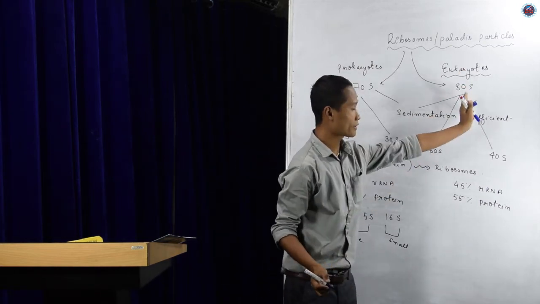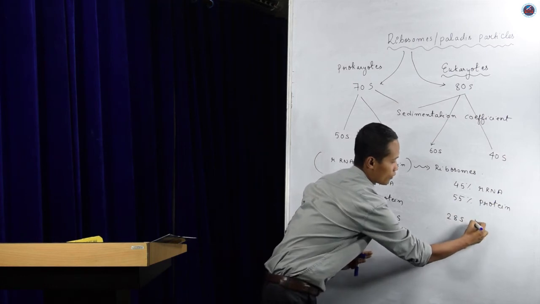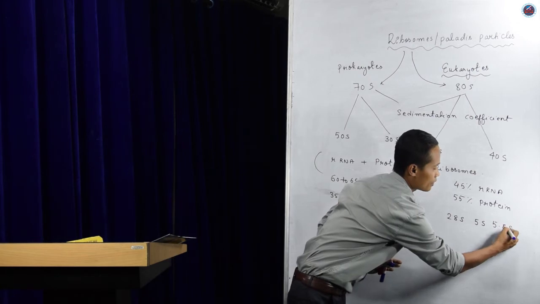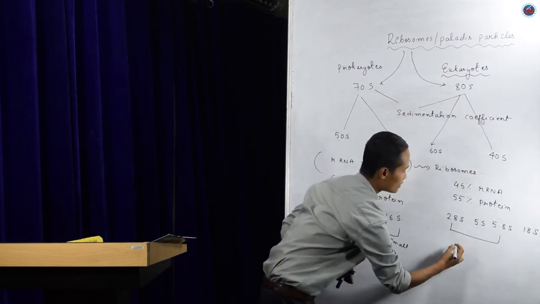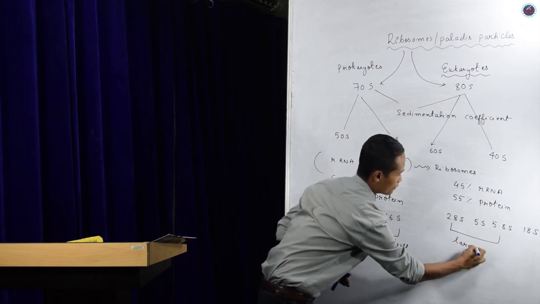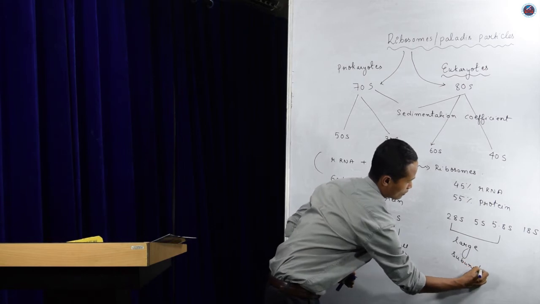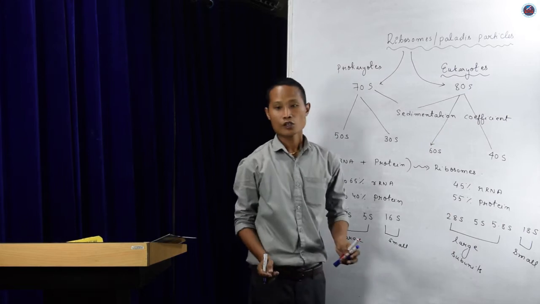Likewise, for eukaryotes, we have 28S, 5S, and then 5.8S, and then 18S. So these three will be considered as large subunits, and this will be considered as small.